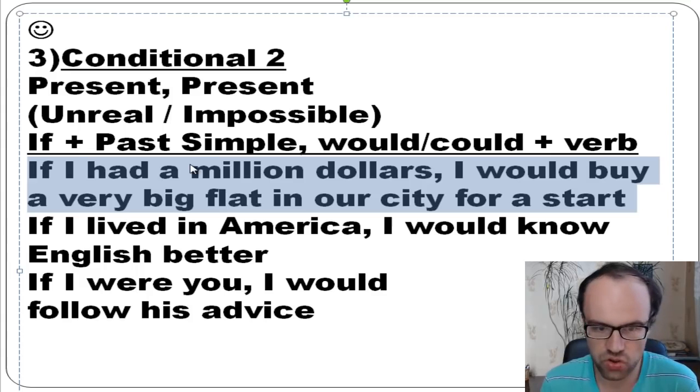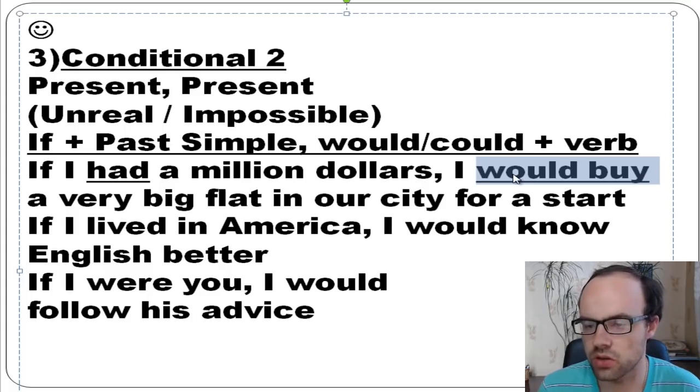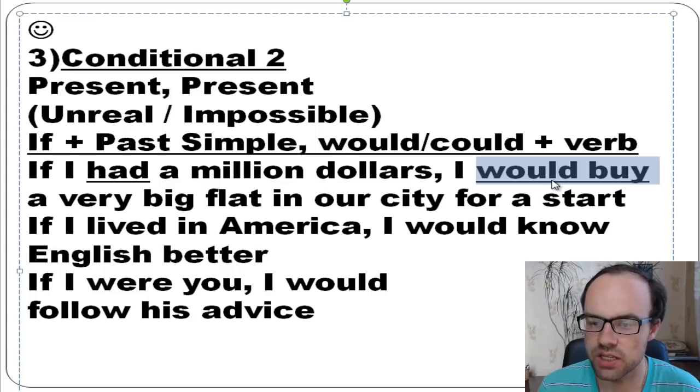So I don't have $1 million now. If I had $1 million, and we use past simple. If I had $1 million, I would buy, would plus verb, so it's about now. So what would I do? I would buy a very big flat in our city for a start.